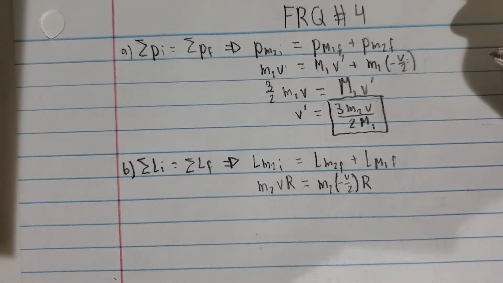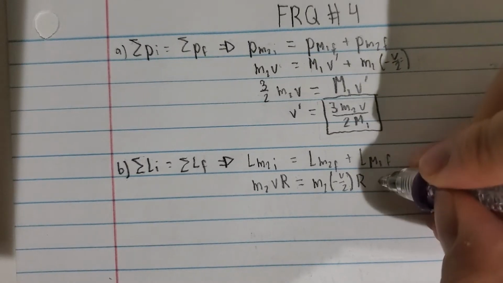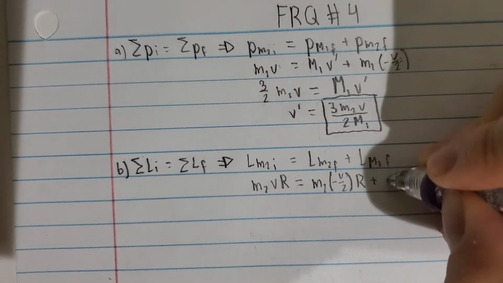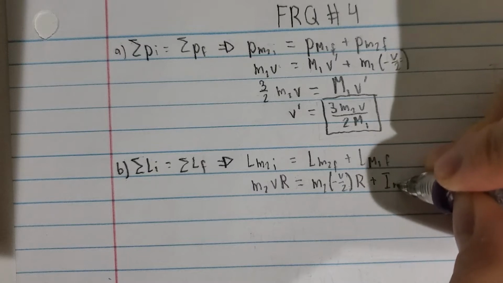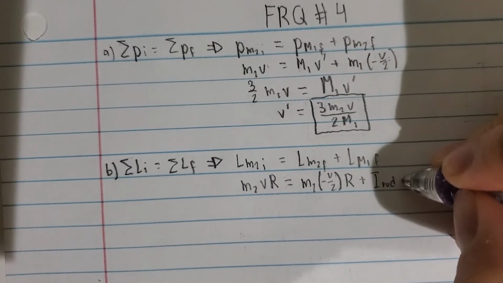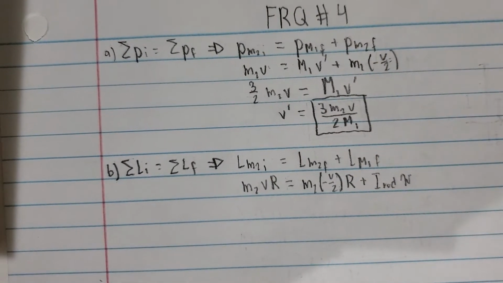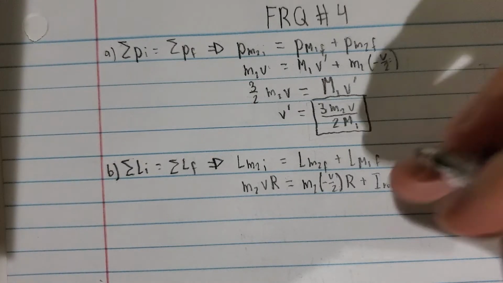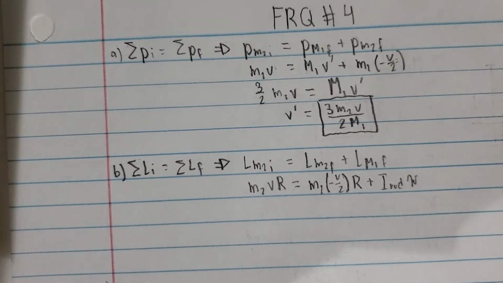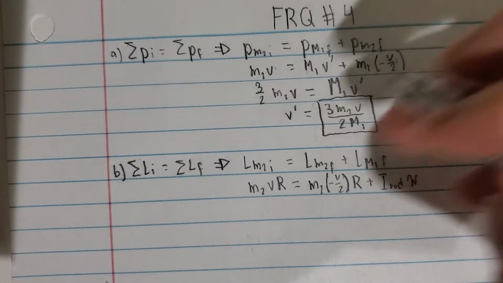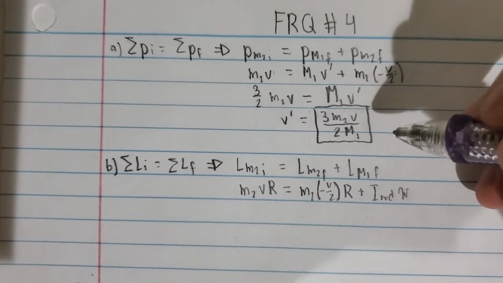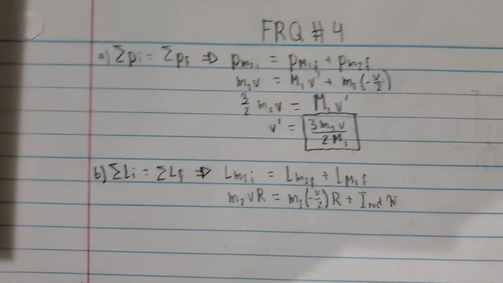The angular momentum of m1 final can be represented with the moment of inertia of the rod times its angular velocity, omega. And omega is what we're trying to solve. Alright, so I don't know r, so I have to define it first.